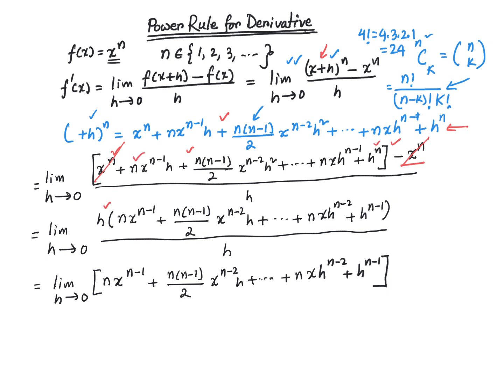In the next step, I'm going to factor out an h. Do you see all of them have h in it? I could factor out one h. That gives me, in the first term, n x^(n-1).